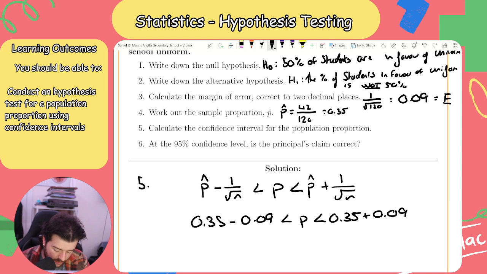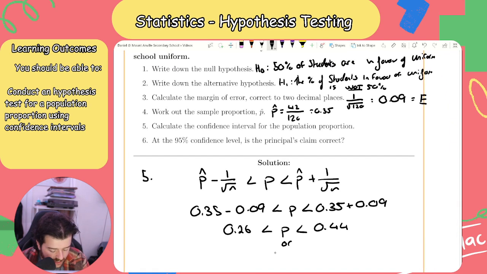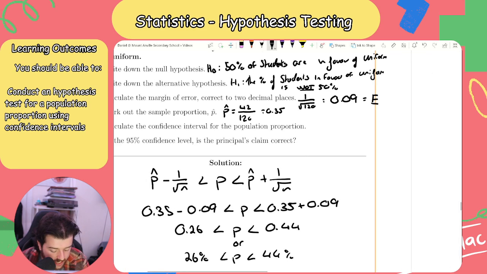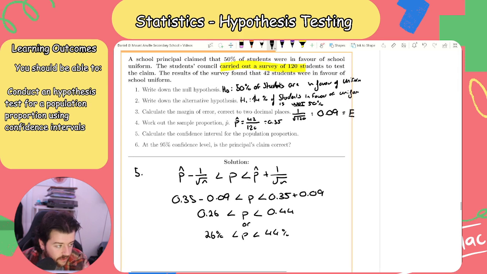And that is equal to 0.26 is less than p, which is less than 0.44. Or as percentages, that would be 26% and 44%. So I can say with 95% confidence between 26 and 44% of students are in favour of uniform.